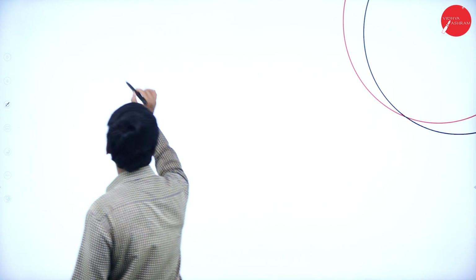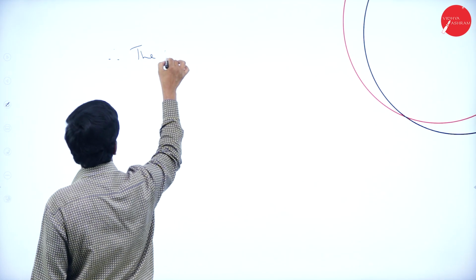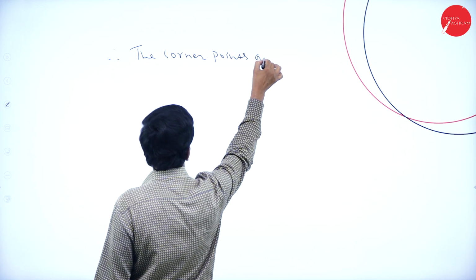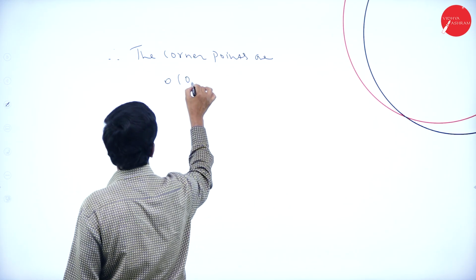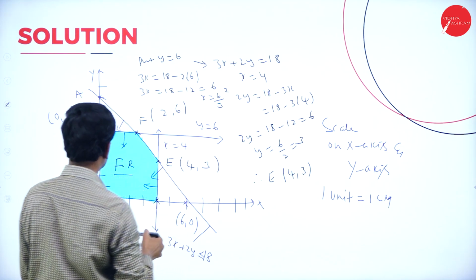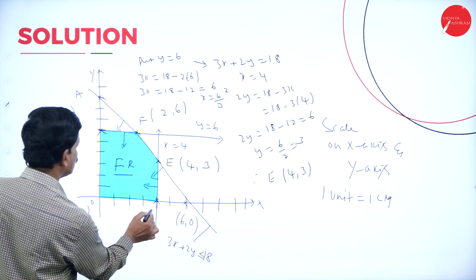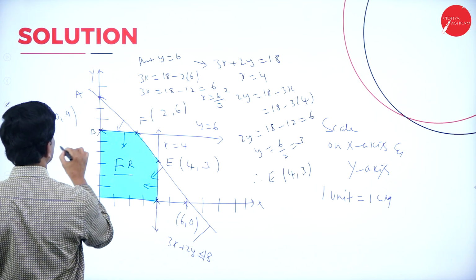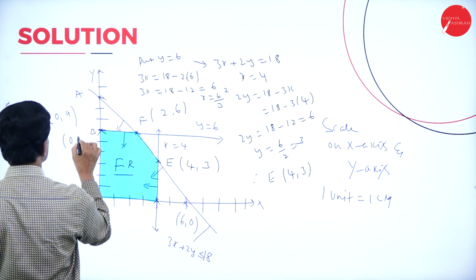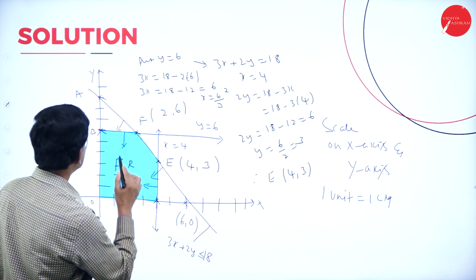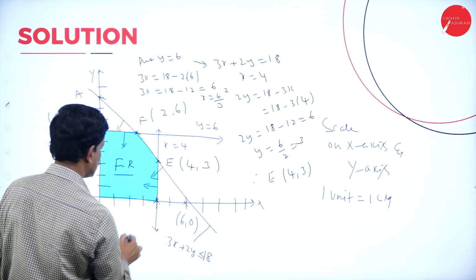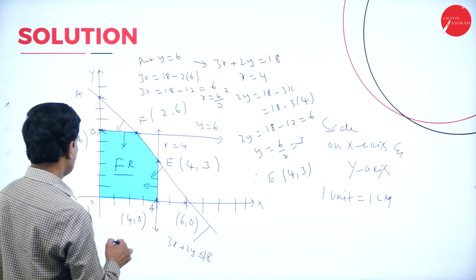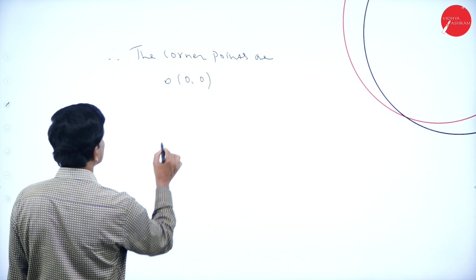So therefore the corner points are, I'll go to the next page: O 0, 0. Then A, which is 4, 0.